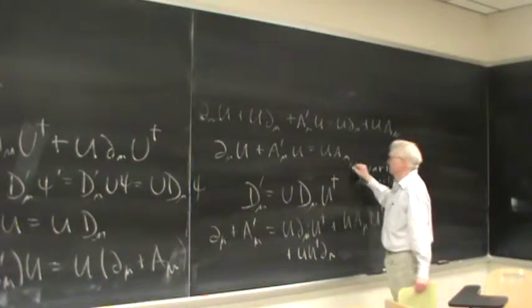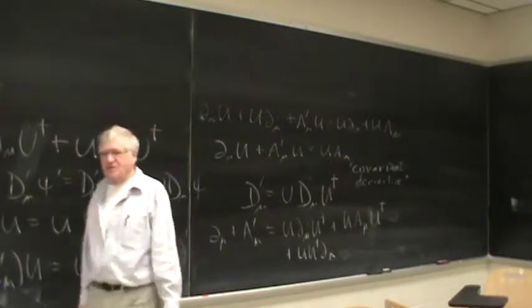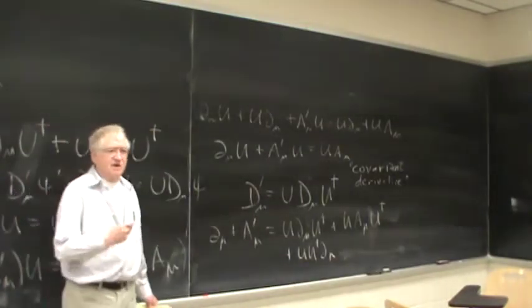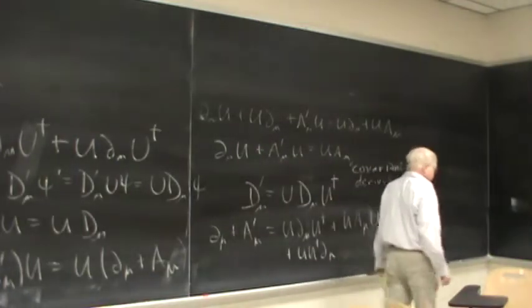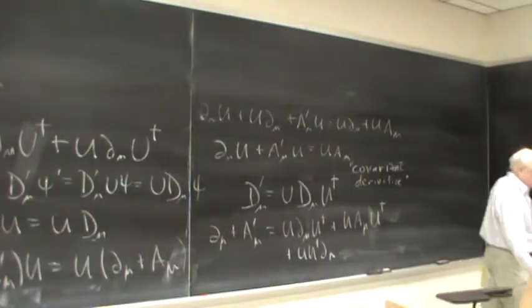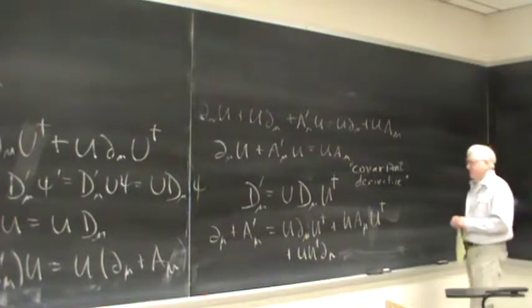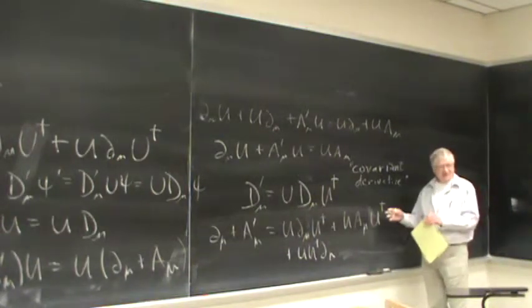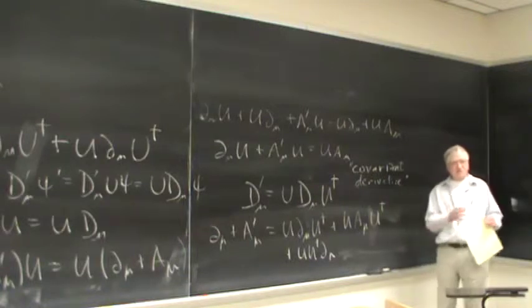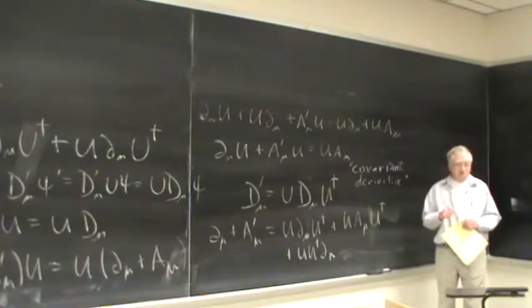I'm putting quotes around it because in general relativity, covariant derivatives are a somewhat different term. It's similar, but not exactly the same. But in the particle physics end of the field, as opposed to the GR field, we're a little more sloppy.